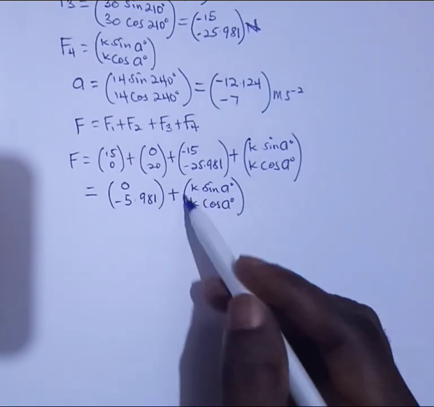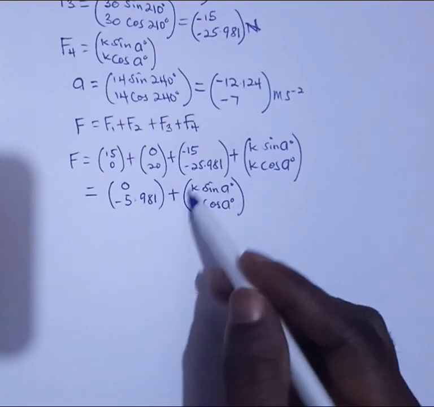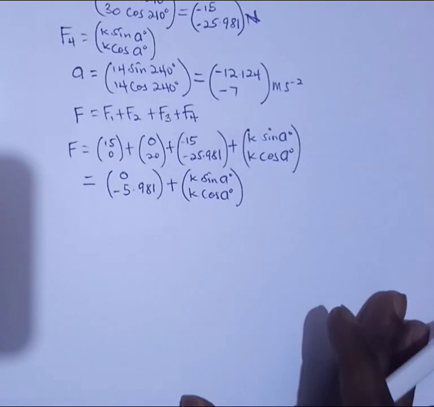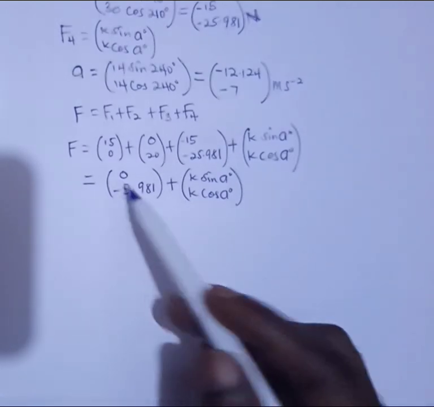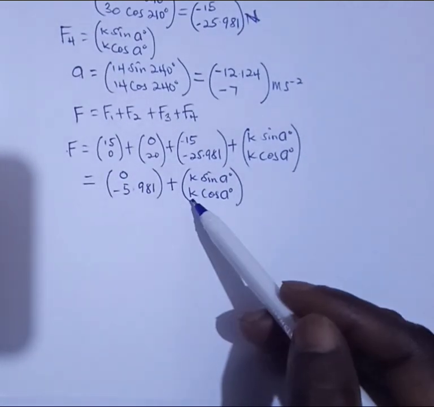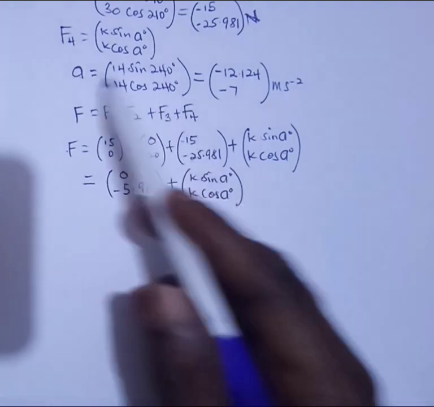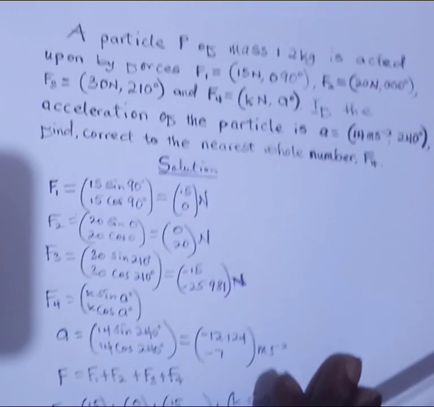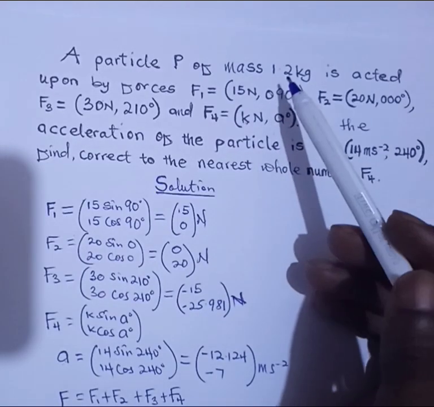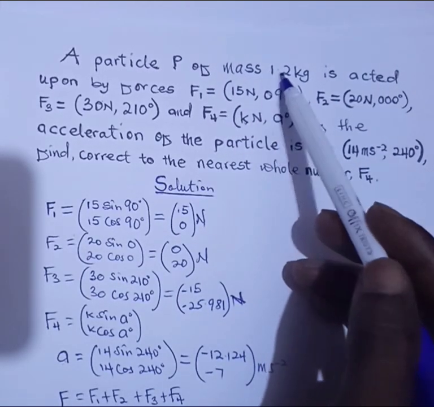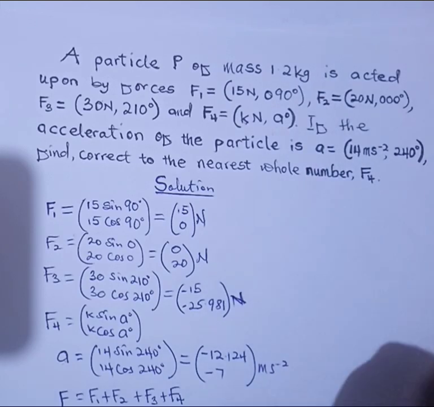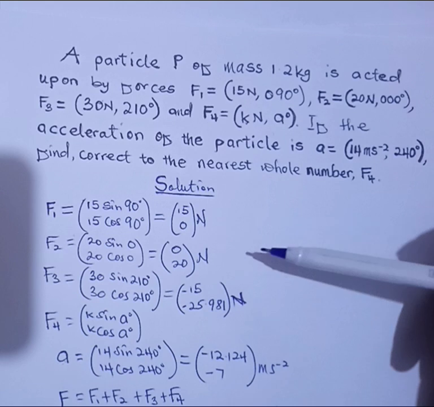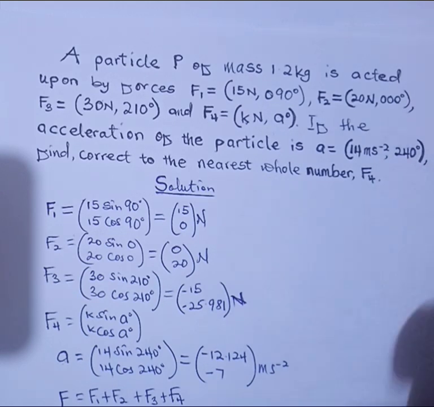Looking at the question, this is what we are looking for, and that is the F4. All right, good. Now, once we have the resultant force, that's the F, and we also have the acceleration. And in the question, we have also been given the mass as 1.2 kg. So once we have mass, force and acceleration, something should come to your mind.